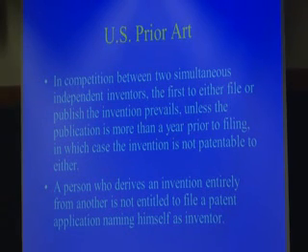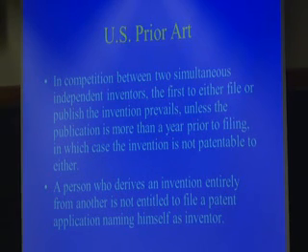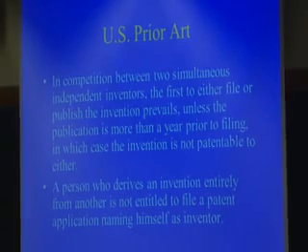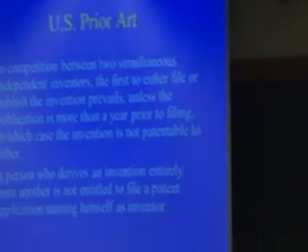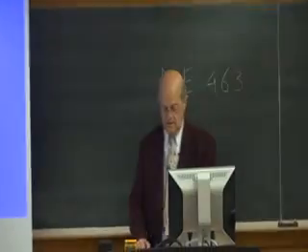In the United States, you have to be an inventor to have rights to file a patent application, or you have to obtain rights from the inventor if the inventor has a duty to assign them to you in order to file a patent. You cannot file a patent on something you learned completely from somebody else.